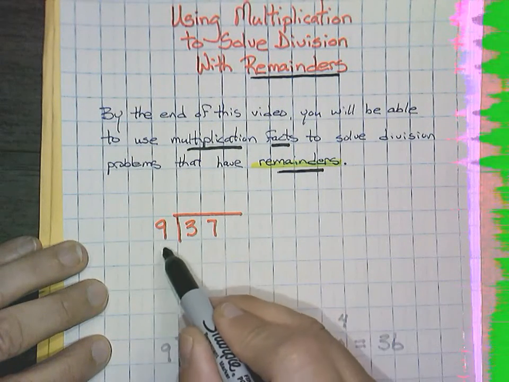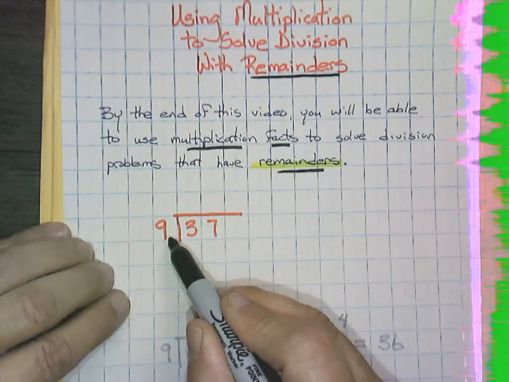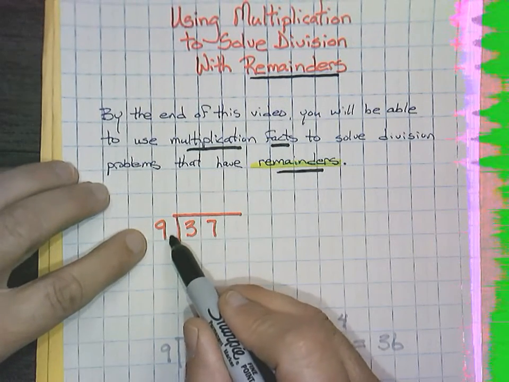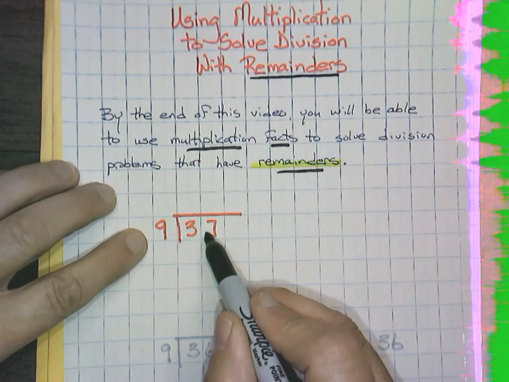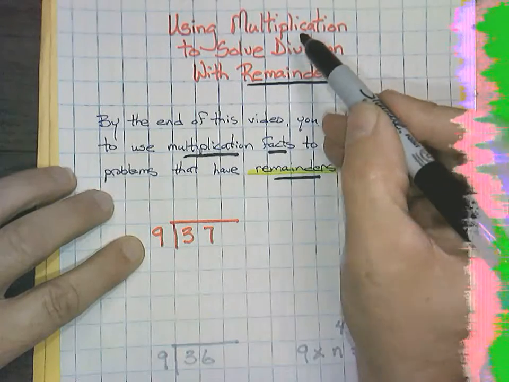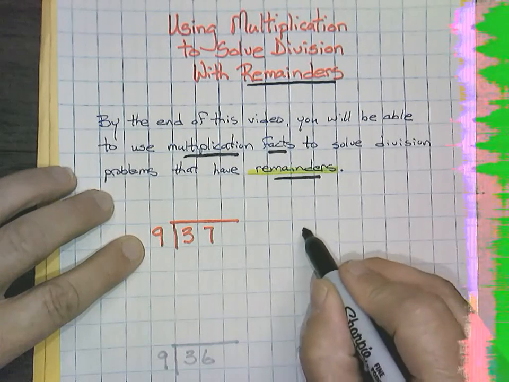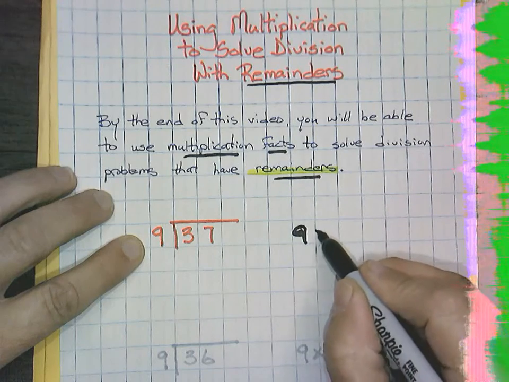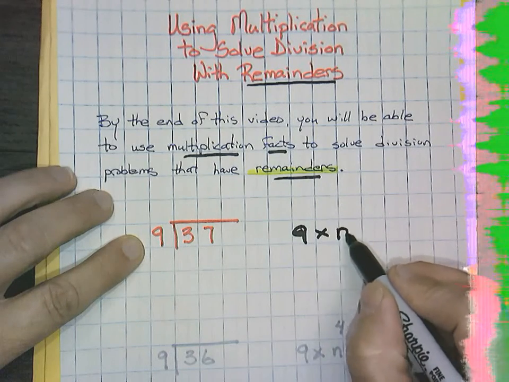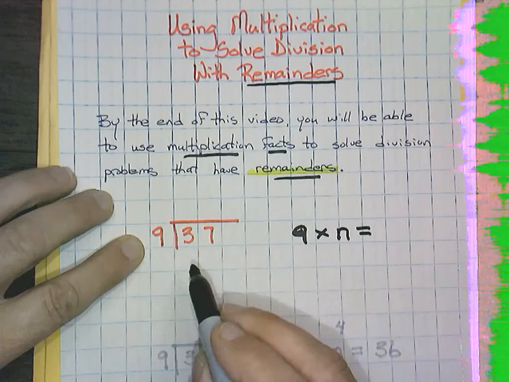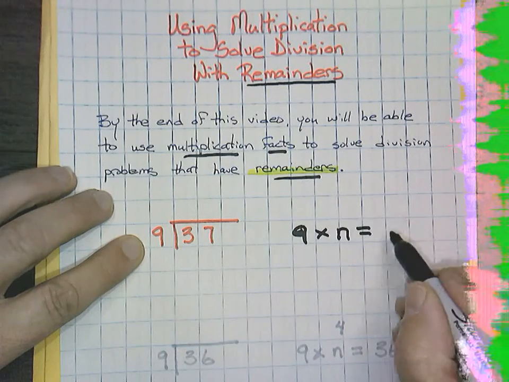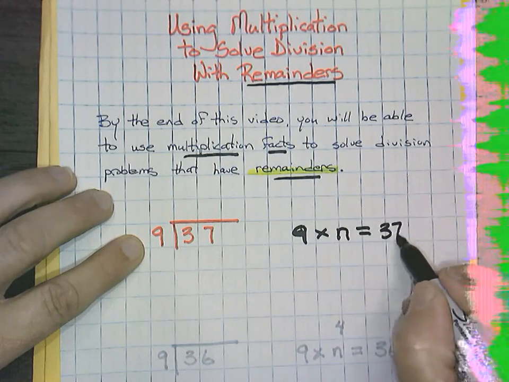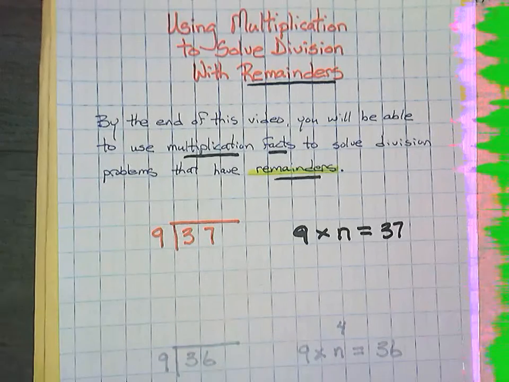37 divided by 9. I'm going to use our division fact to write a multiplication fact: 9 times n, which is our unknown number, is equal to 37.